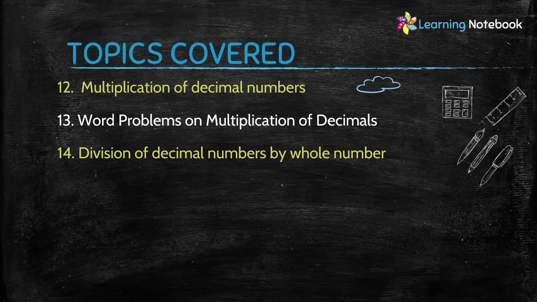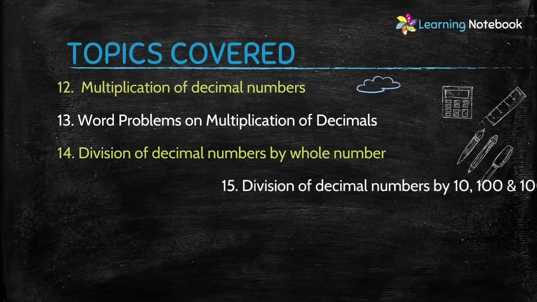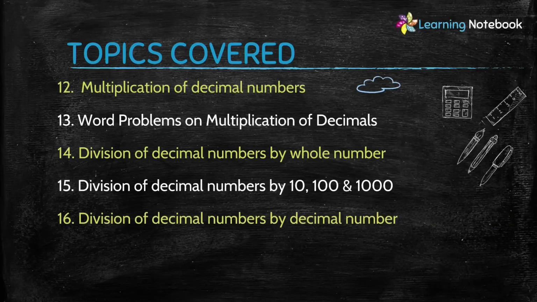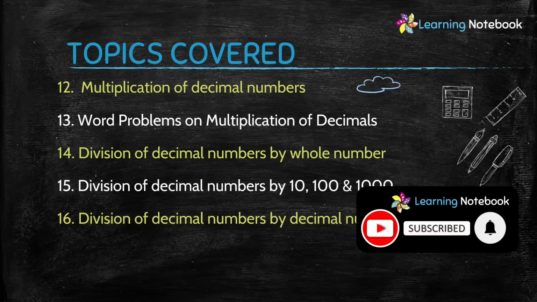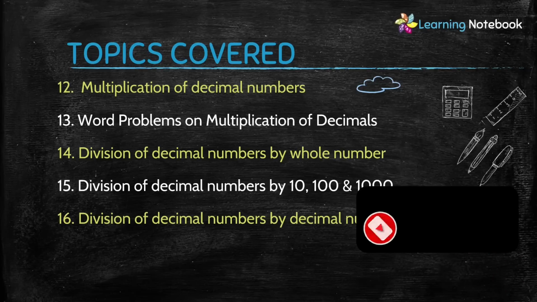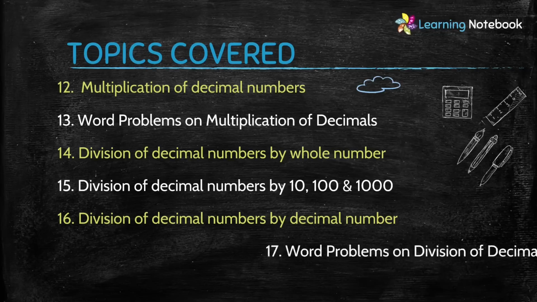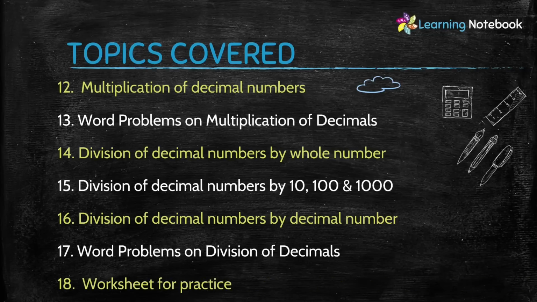After that, we will understand how to divide decimal numbers by whole numbers, division of decimal numbers by 10, 100 and 1000, and how to divide decimal numbers by another decimal number. And then we will do word problems on division of decimals.